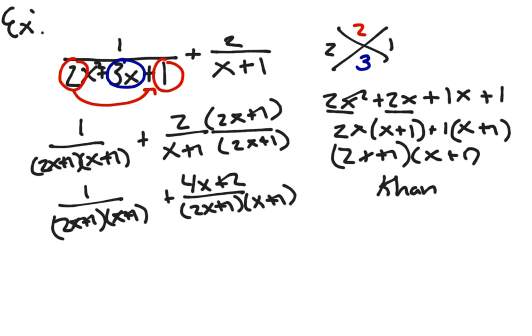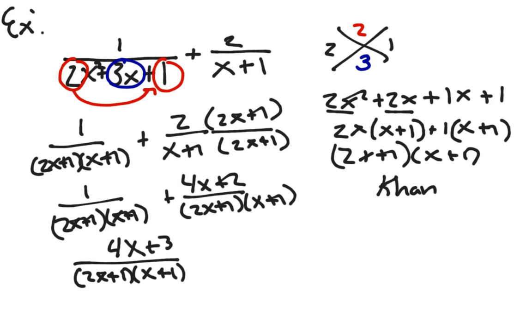I did 2 times 2x, 2 times 1. Now I add the numerators and keep the denominators the same. So I have 4x plus 3 over 2x plus 1 times x plus 1.